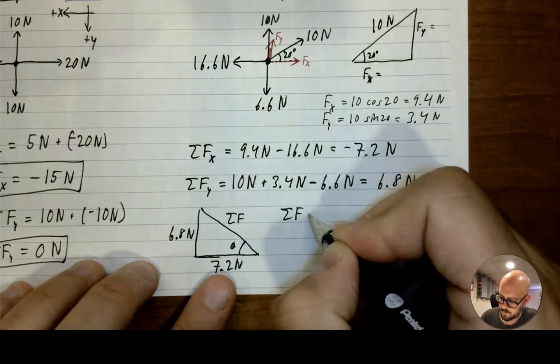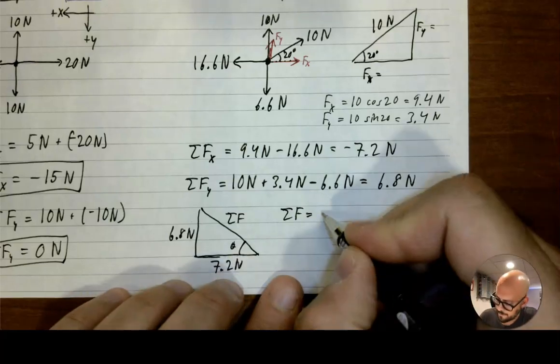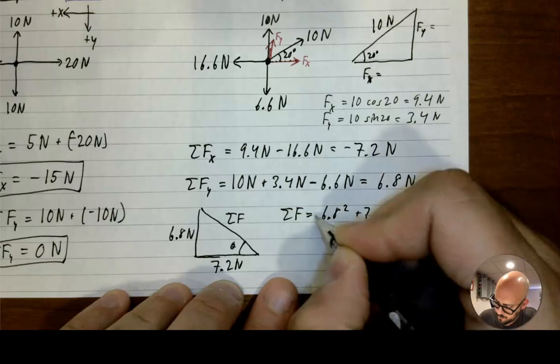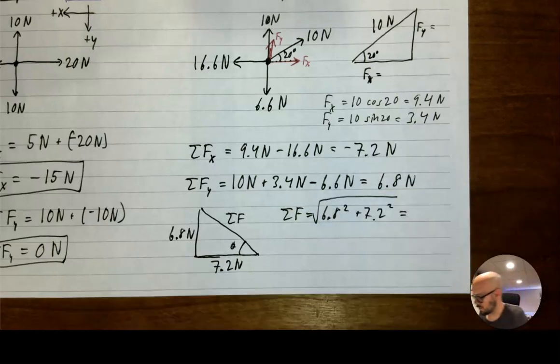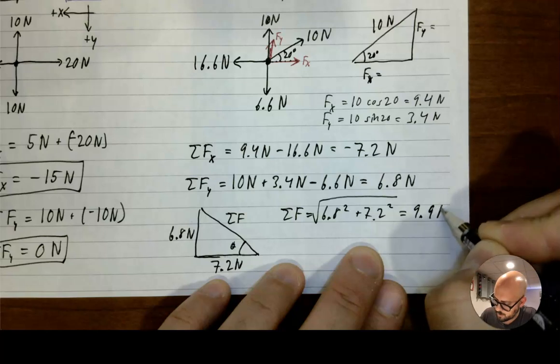And I'm going to just save you some time in this video. You can do the Pythagorean theorem. I guess I won't save you some time because I want to show you. So 6.8 squared plus 7.2 squared. The net force has a magnitude of 9.9 newtons.